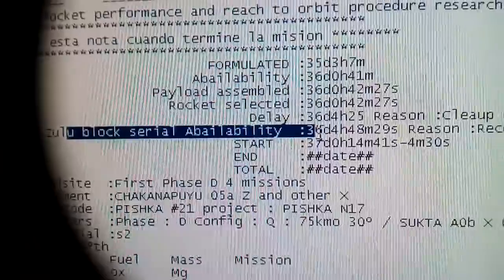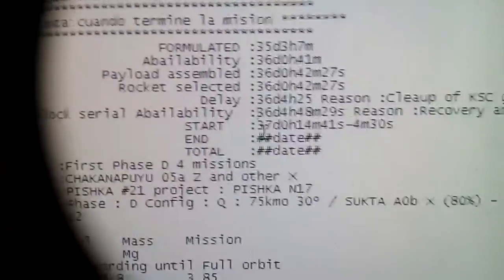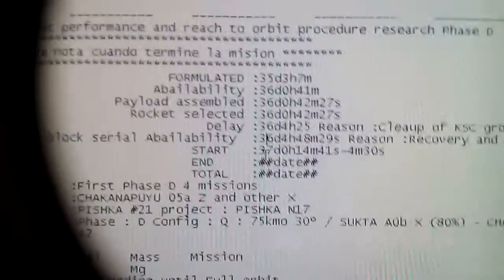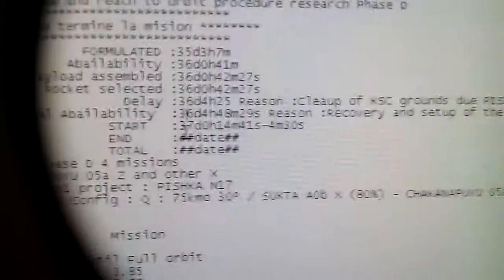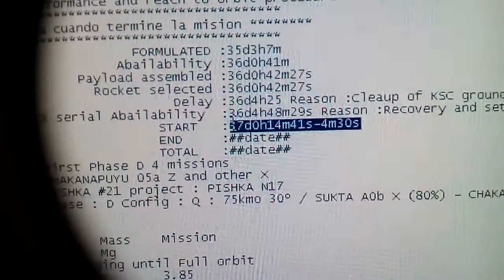The serial is available later, sooner I say is when the rocket's first stage is ready to launch, and then the mission starts, where the mission is the lift off.